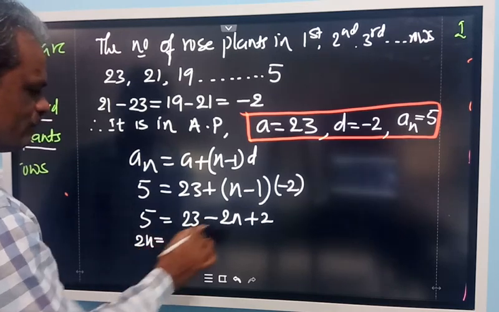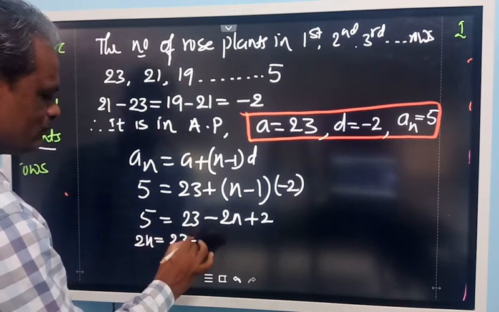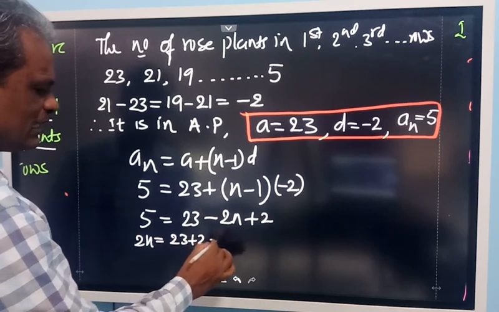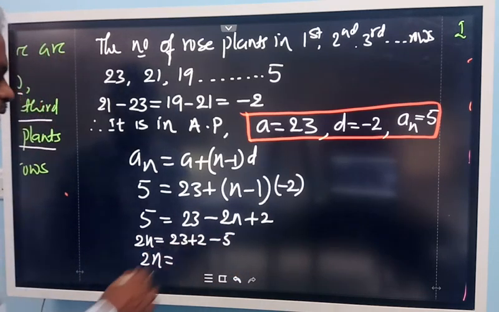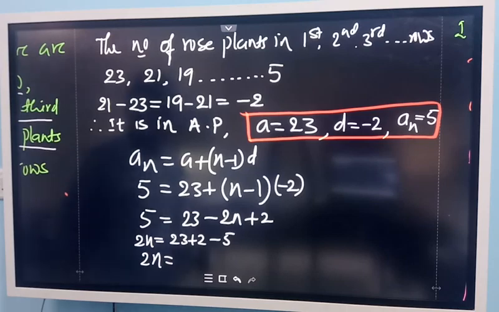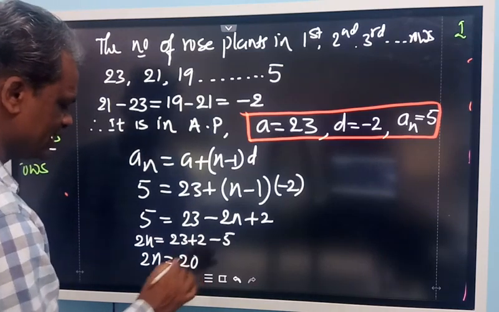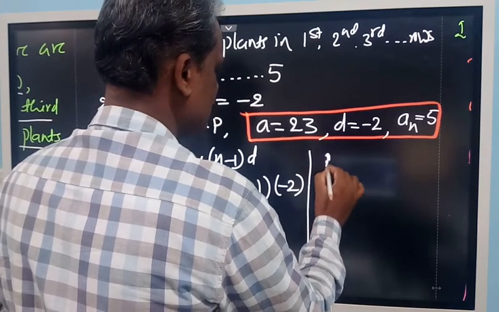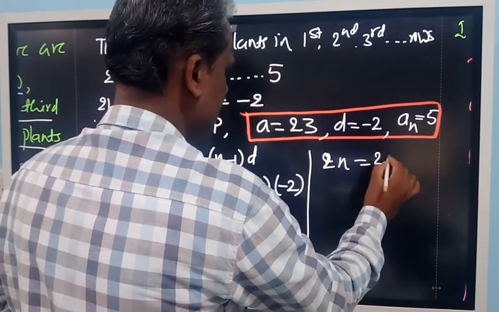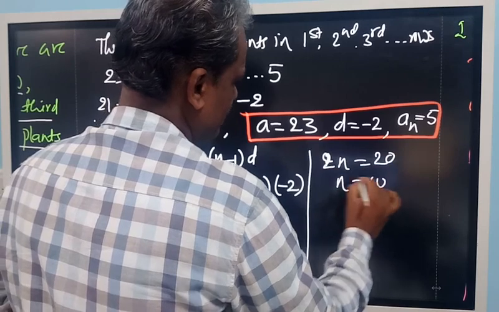2N is equal to 23 plus 2, and you transfer 5 to the right side, it becomes minus 5. 2N is equal to 23 plus 2, it is 25, 25 minus 5, it is 20. So therefore 2N is equal to 20, so N is equal to 10.